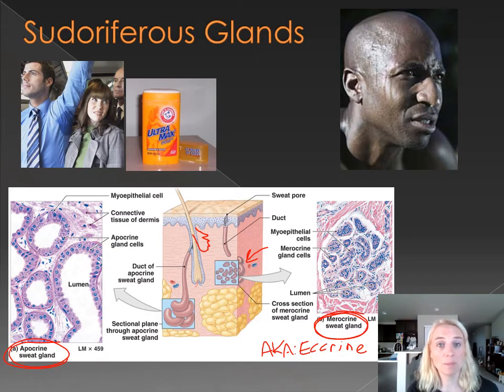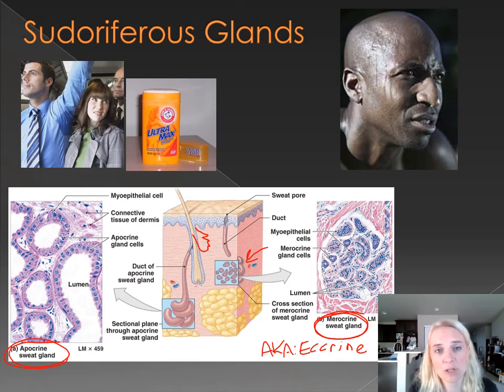So the bacteria munch on this thick, milky, protein-rich Apocrine gland secretion, and then they release the byproducts of their metabolism, which is what we call body odor, right? So stinky armpits. The reason we wear deodorant is to cover up or try to inhibit the production of Apocrine sweat gland secretions so the bacteria don't munch on them and produce their little bacteria flatulence, which is what we call BO. Yay, that's glands, right?